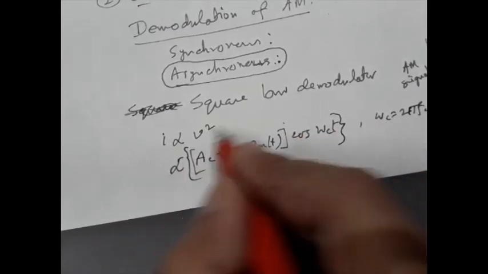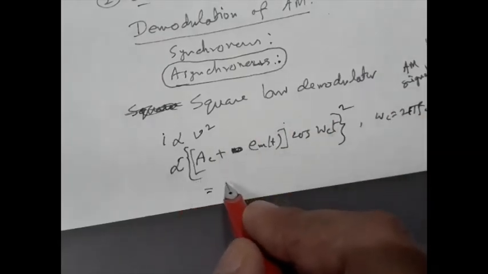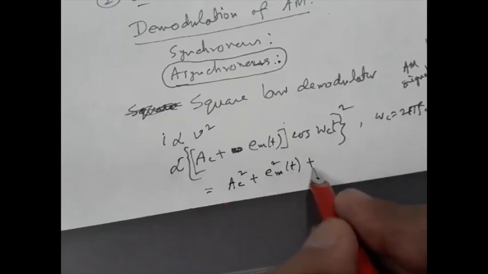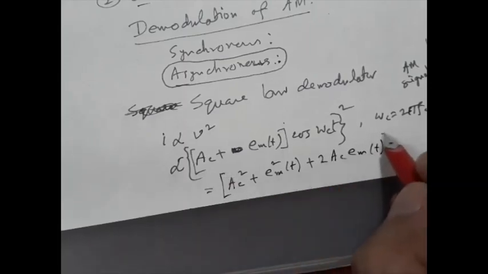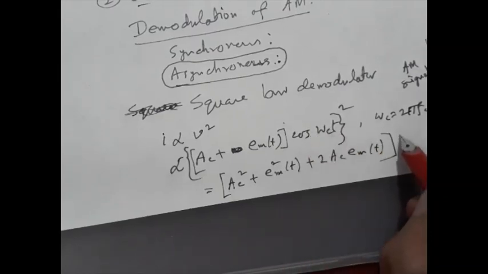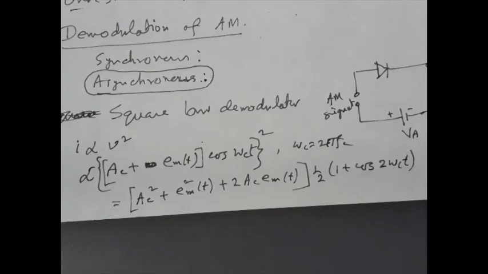This one can be written in this way. V square means this square. So this can be written as AC square plus EM square plus twice AC EM(t) multiplied by cos square omega ct. Now cos square omega ct means half of 1 plus cos of 2 omega ct.